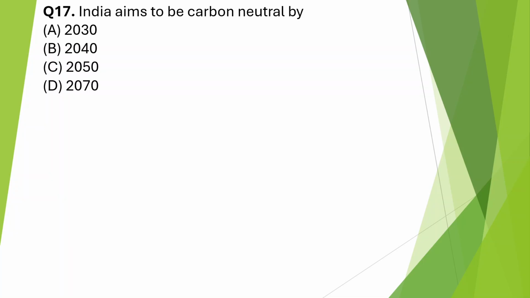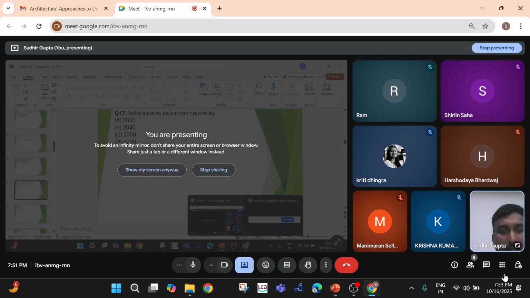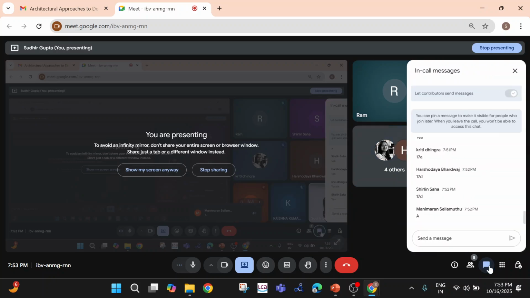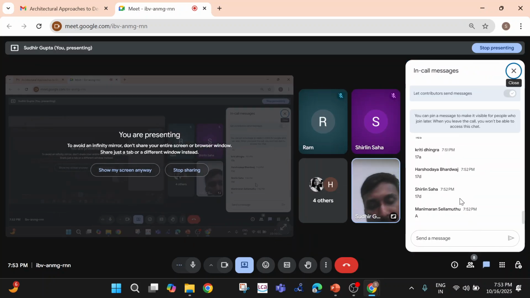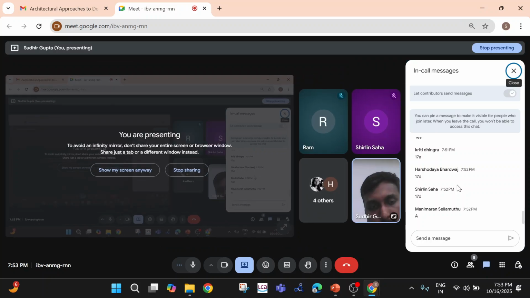For question number 17, I am getting different answers, but only one answer is correct, guys. Two of you are voting for option A, and two of you are saying option D. Does anyone want to change their options or correct themselves, or shall we move towards the discussion?